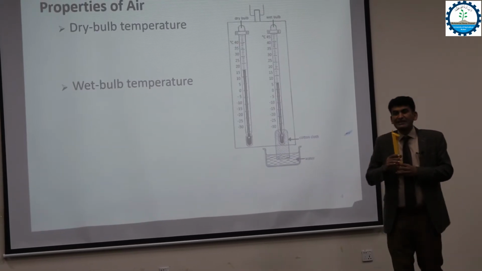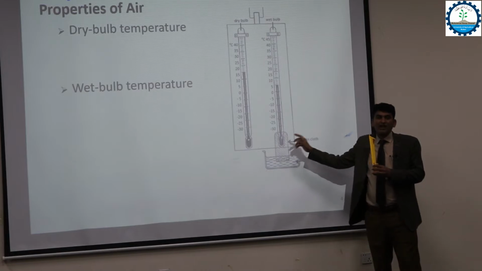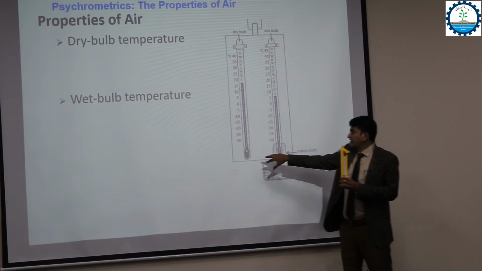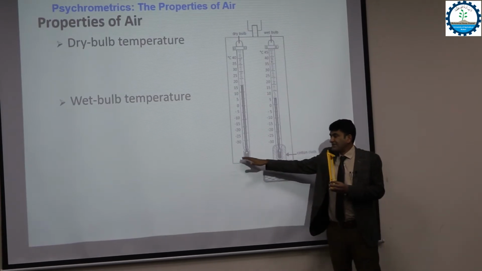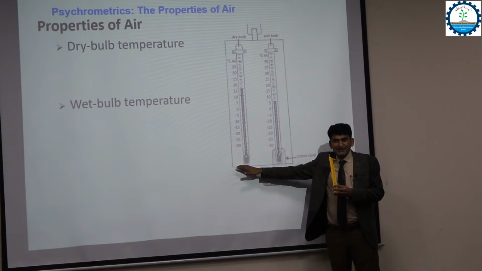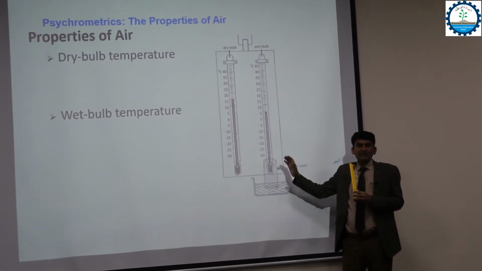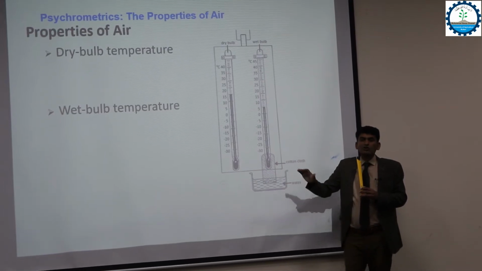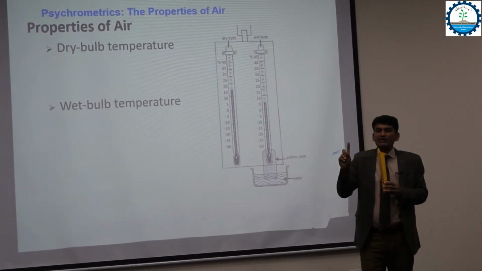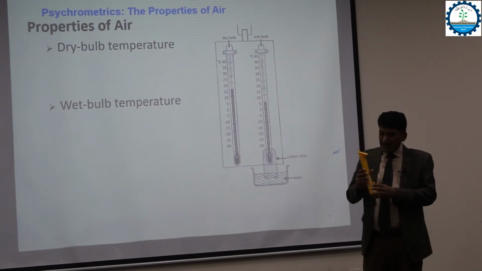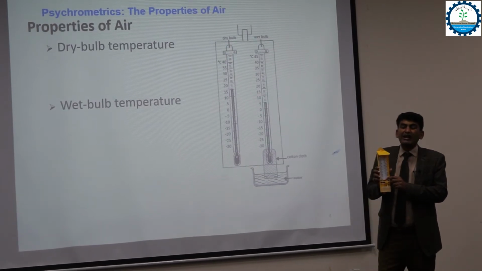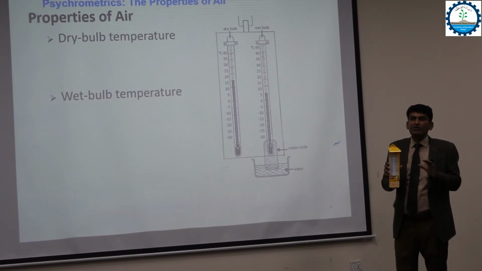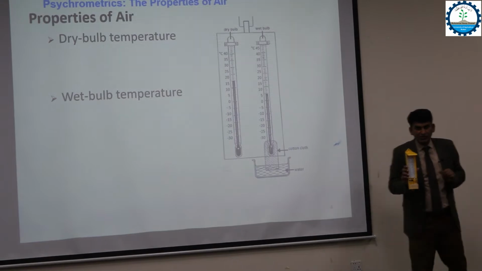Wet bulb means the sensor bulb is covered with a wet wick. Okay, so you can observe the two temperatures here. Normally, the dry bulb temperature will be higher. Obviously, if a saturated environment is provided to the same bulb, the temperature will be lower. So you will measure one in normal condition, that will be the dry bulb temperature, and the other one will be the wet bulb temperature at the same room condition, or the same location, ambient conditions. Okay.